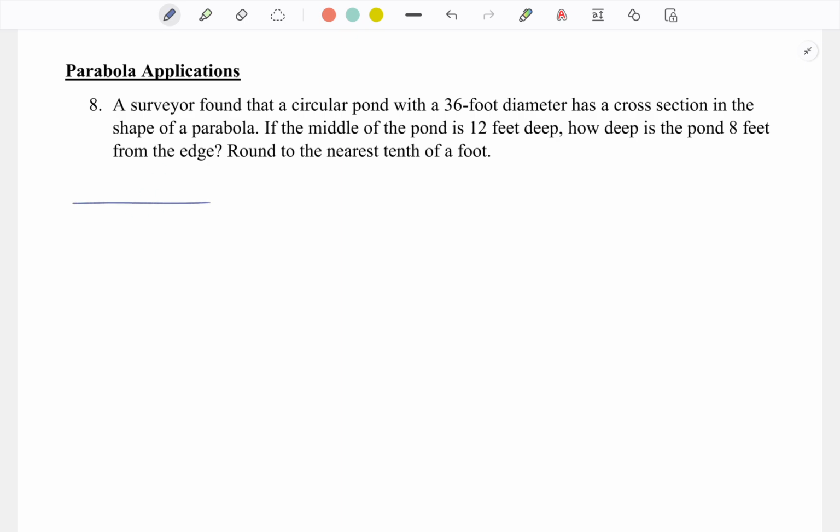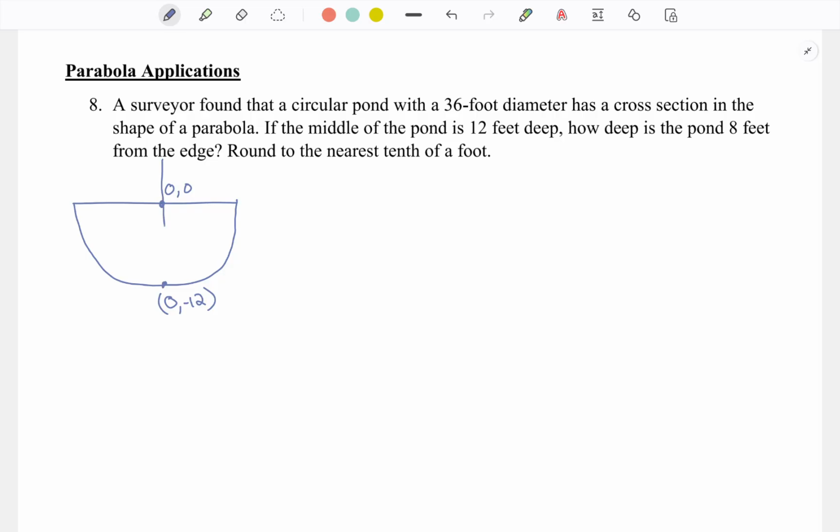So we have a pond, and since it has the shape of a parabola, then we are going to go ahead and just use that. So we're going to go ahead and call our focus here 0, 0. And so then at the deepest part, that is going to be a 0, -12, and that's going to be our vertex.